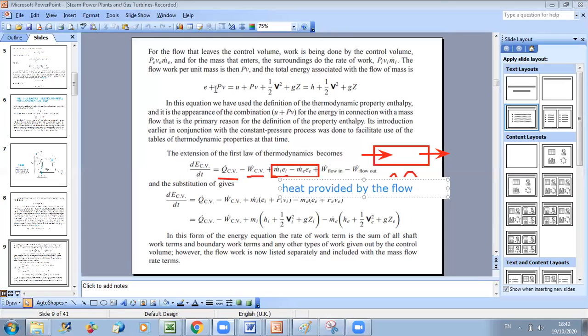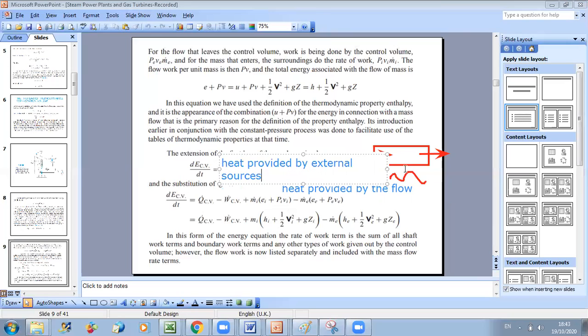So here this term is heat provided by external sources, okay? And the same goes for the work.